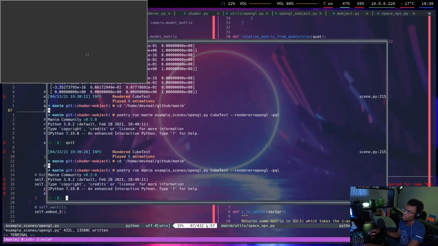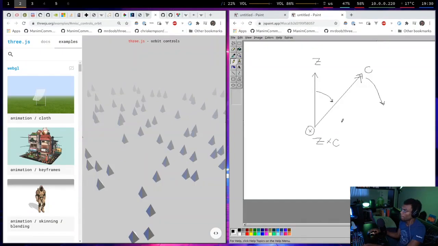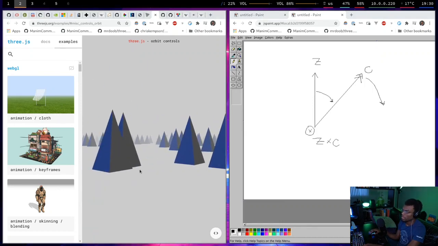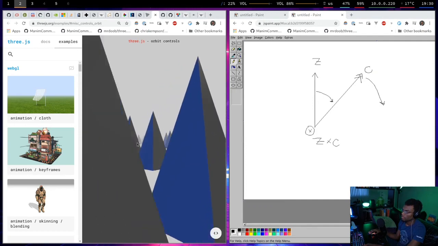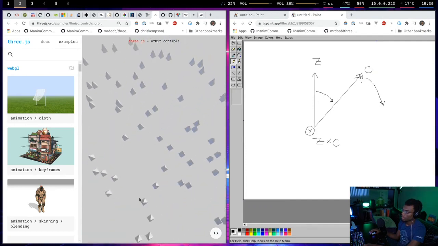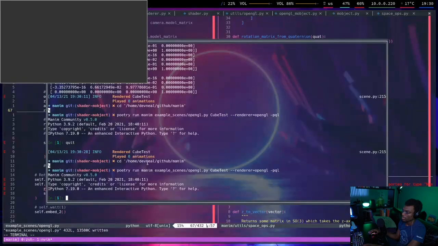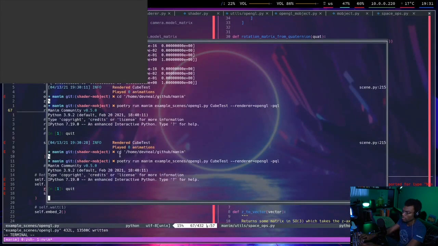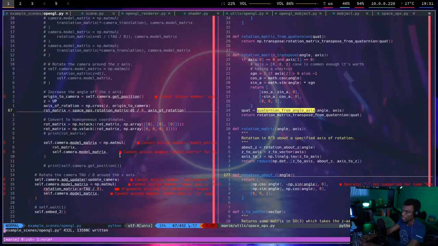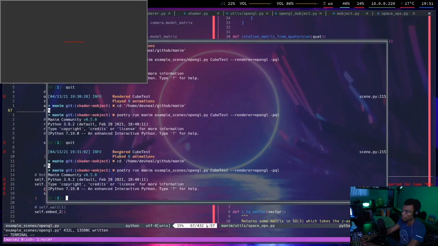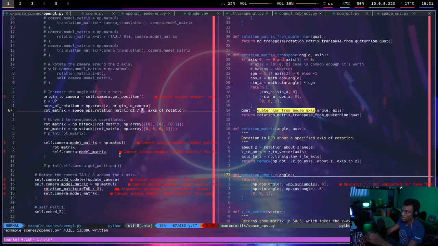Okay, so this is doing what it's supposed to do. Right now it's rotating all the way down here and then stopping. Which I guess is what this is doing too. I don't know why there's that maximum angle. I don't know why that even happens. But I guess... No, I don't know why that happens.